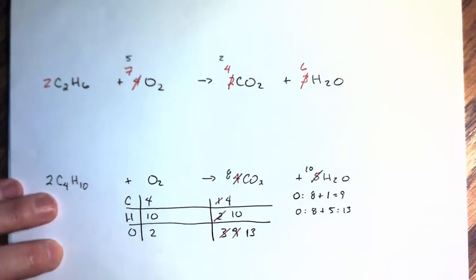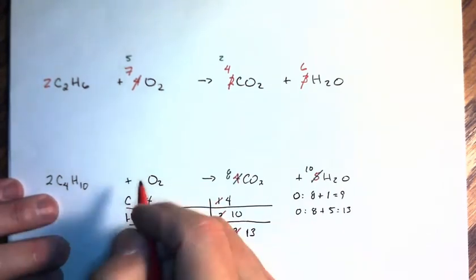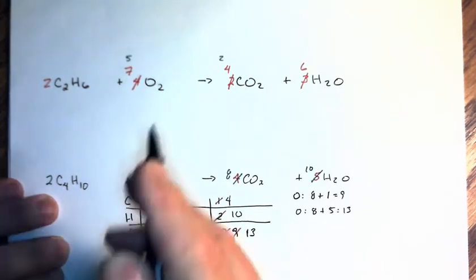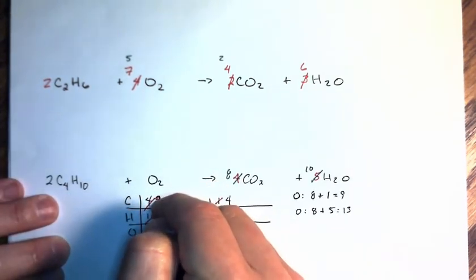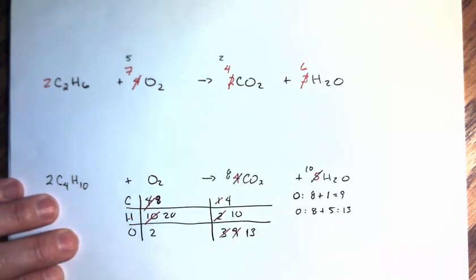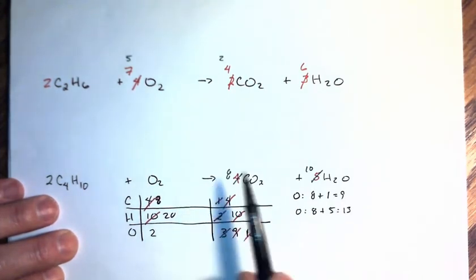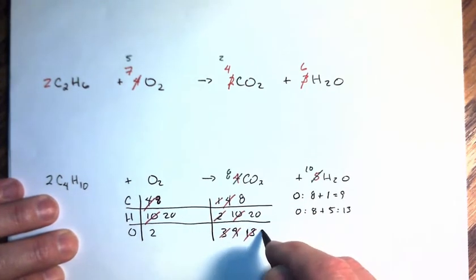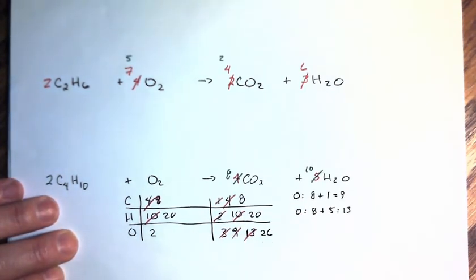I can very quickly go through and change the number of carbons to 8, number of hydrogens to 20. The number of carbons and oxygens and hydrogens over here, I'm going to double all those by those coefficients. That's 8 and 20 and 26.